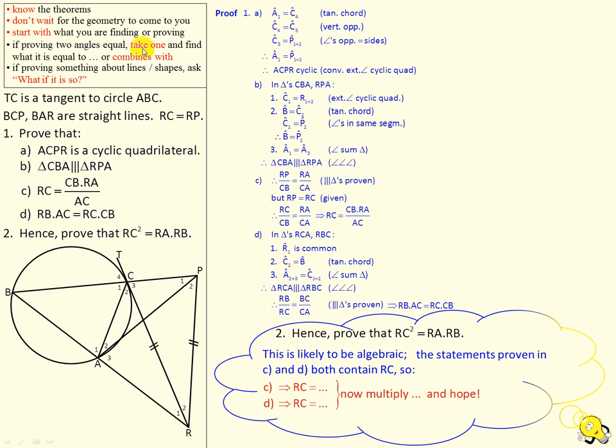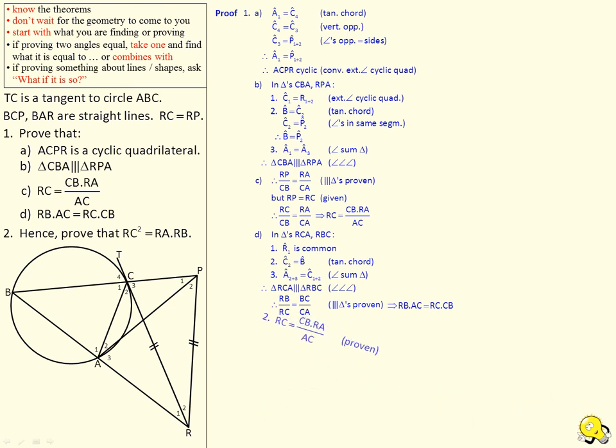That's the whole bit about don't wait for geometry to come to you. We're trying strategies. So there, in 1, we've proven that. In C, in D, we've proven that, which means that RC equals.